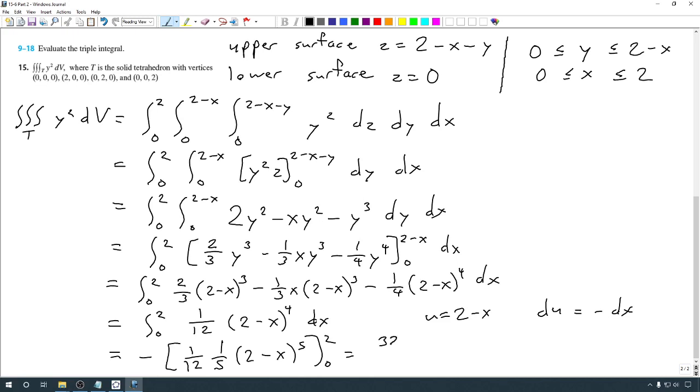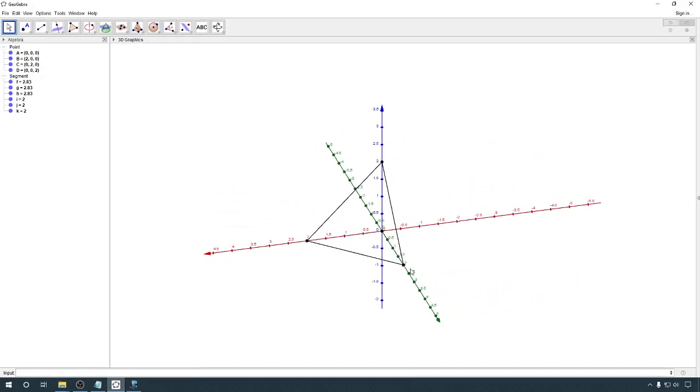Well, 2 to the fifth power is 32. 12 times 5 is 60. Or we can even simplify this down by dividing the top and bottom by 4 to get an answer of 8/15. So that is the integral of y squared over this tetrahedron.